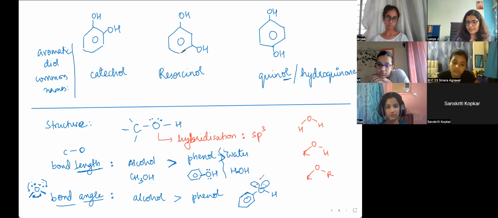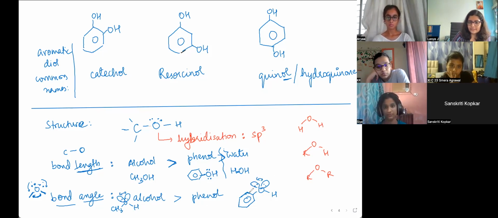So this is by default there in phenol and alcohol. Here we have CH3. Is this visible? It's visible, everyone can see it, right? So this repulsion is there by default in both of these. But in phenol there is also repulsion from here, which is not there in methyl.